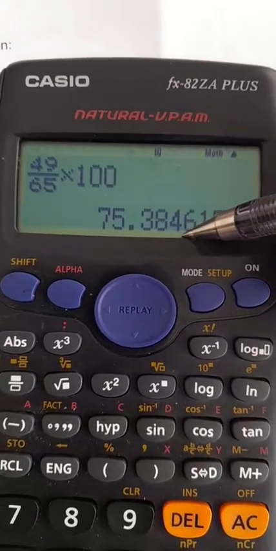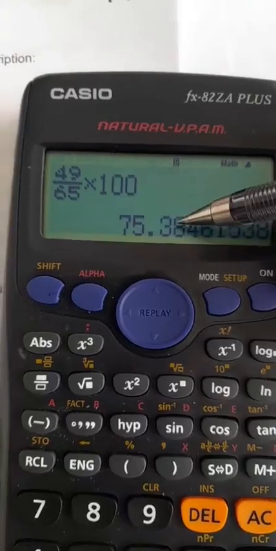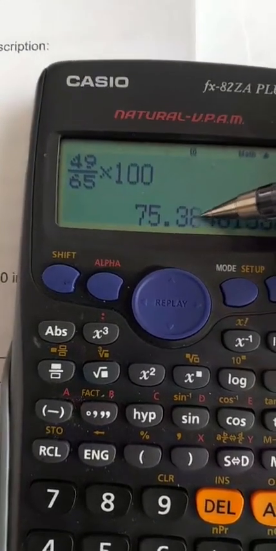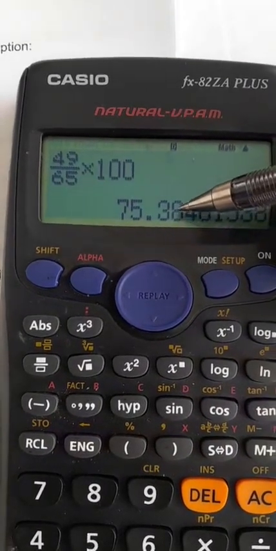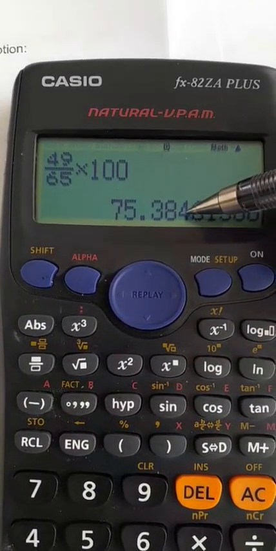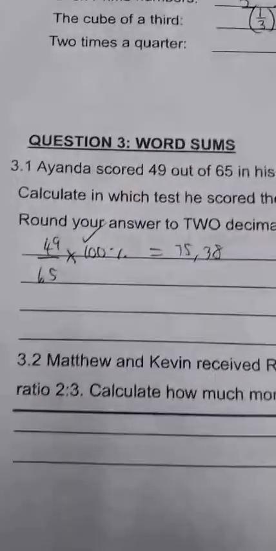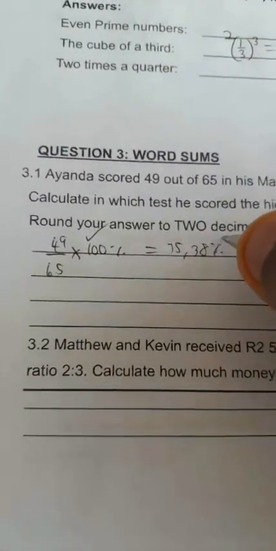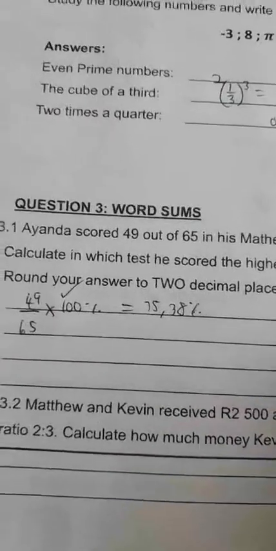We look at the third number and ask ourselves, what does it say? It says 8. If it's less than 5, then this number stays the same. If it is 5 or more, this number goes up by 1. So obviously this number is less than 5, so this number stays the same. That's why our answer is 75,38%. Okay, so that's the mark percentage for the first test.